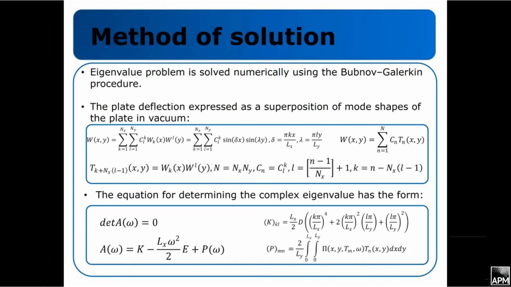The eigenvalue problem is solved numerically using the Bubnov-Galerkin procedure. The plate deflection is expressed as a superposition of mode shapes of the plate in vacuum.